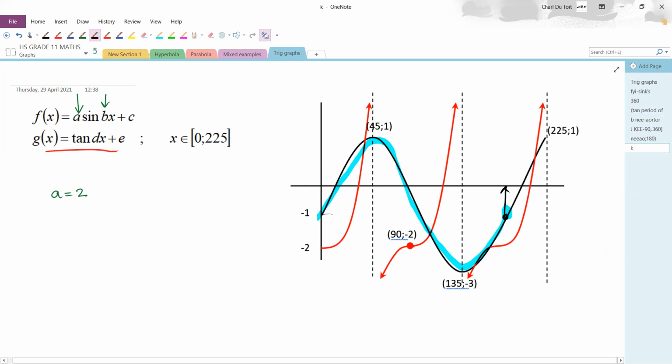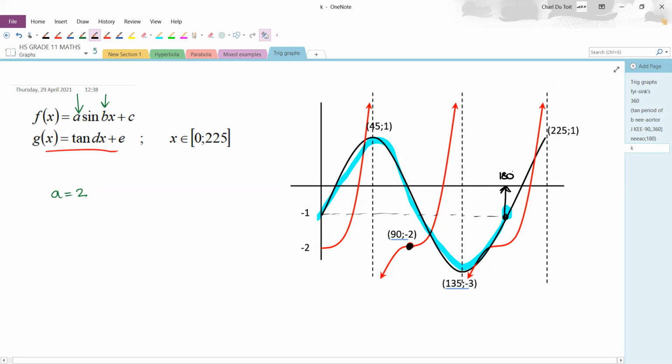If you take a guess, what would be a good guess? 1 or 2. It will definitely not be 1, because then we'll finish that graph within 360 degrees. It will be 90, sir. No. 90 degrees is here. I think that's like 180 degrees.